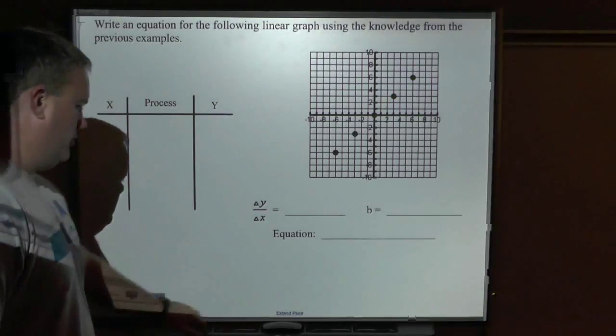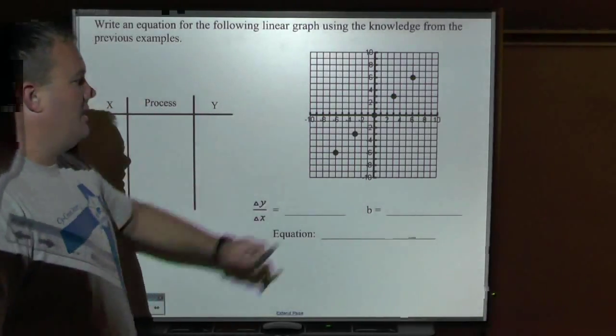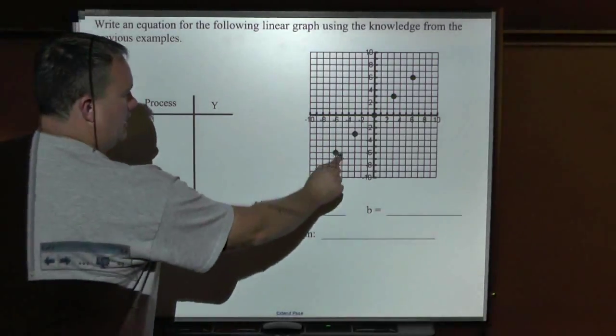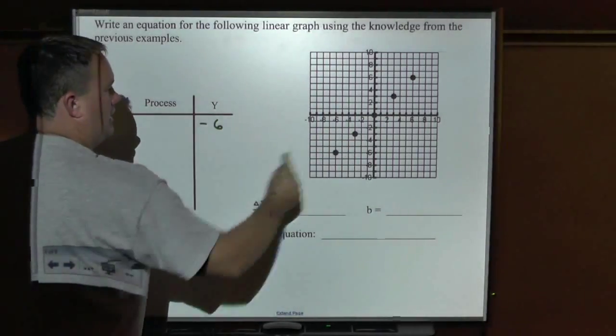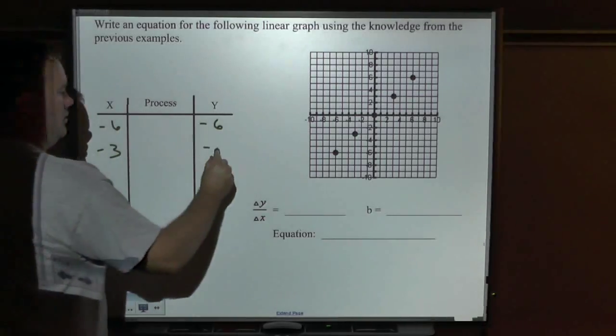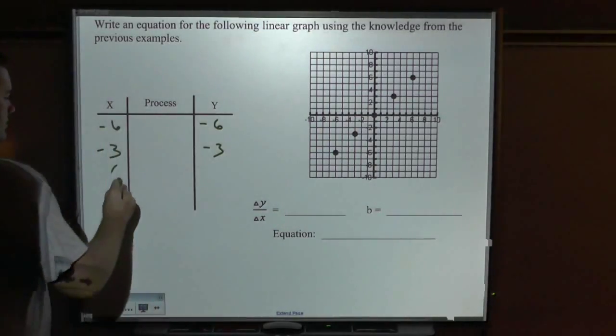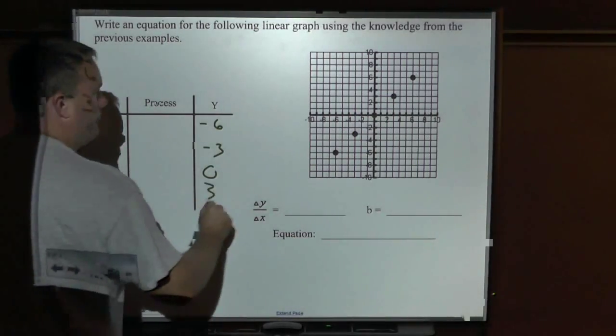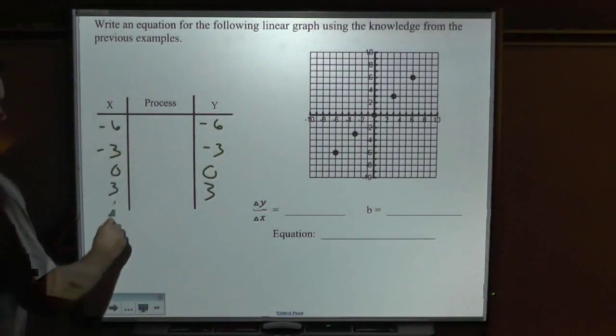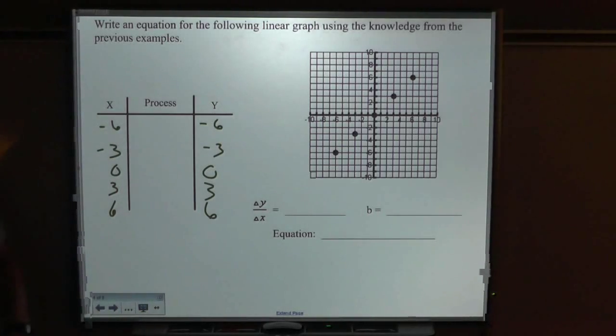So with that set of ordered pairs, just write them out. The first one, -6, -6. You have one at -3, -3. You have one at 0, 0. Another one at 3, 3. And one way over there at 6, 6. Those are all points. Those are coordinates that you can use.